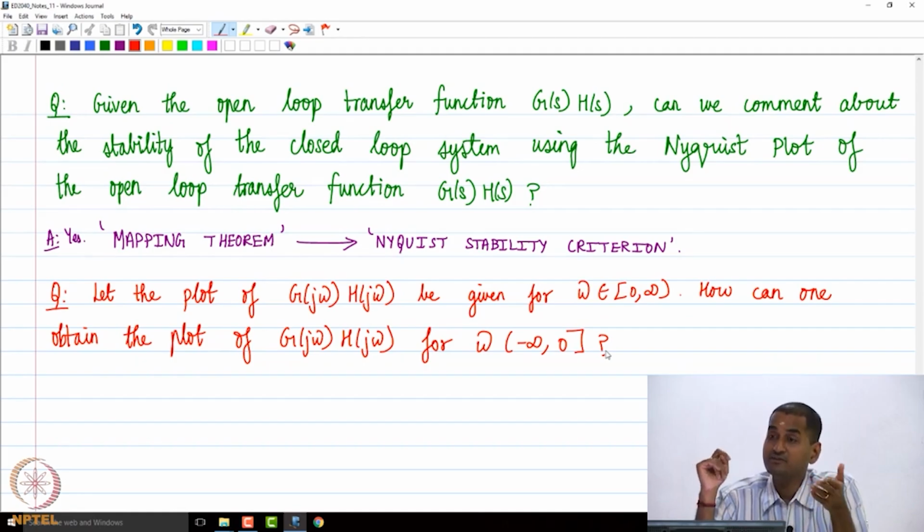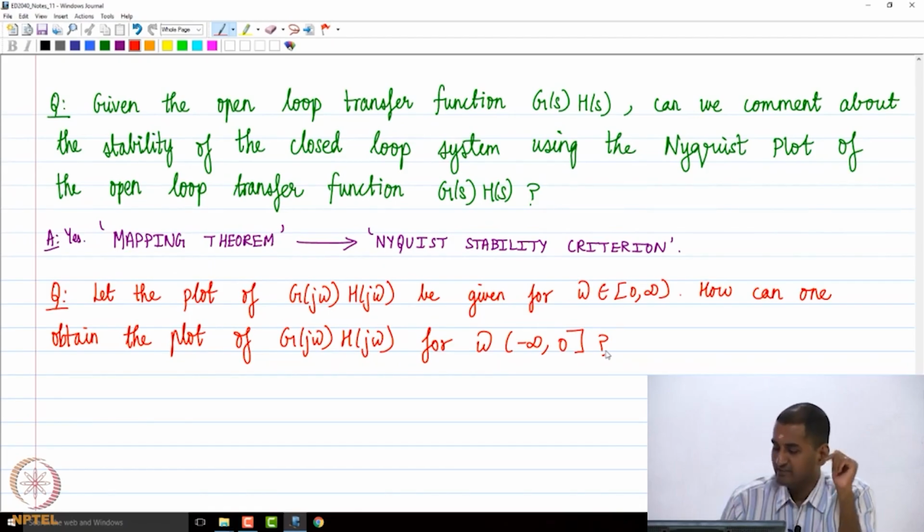How can I get the Nyquist plot of the same transfer function when I go from minus infinity to 0? Please try this out for all the transfer functions that we have plotted till now, and figure out what happens.